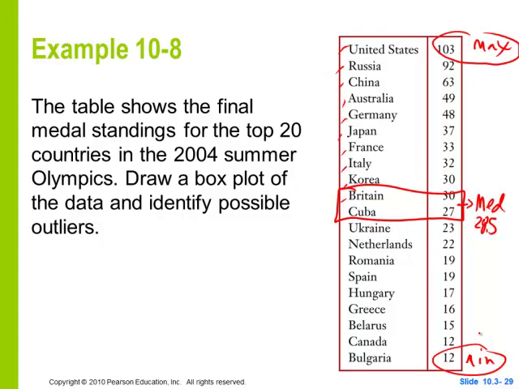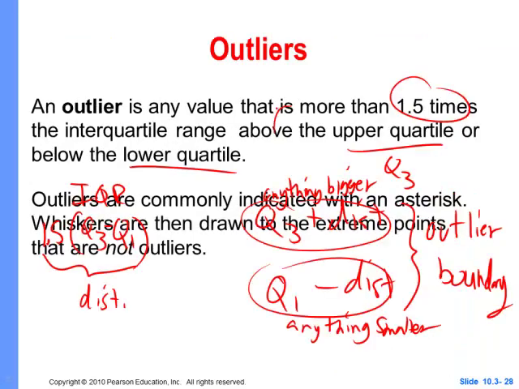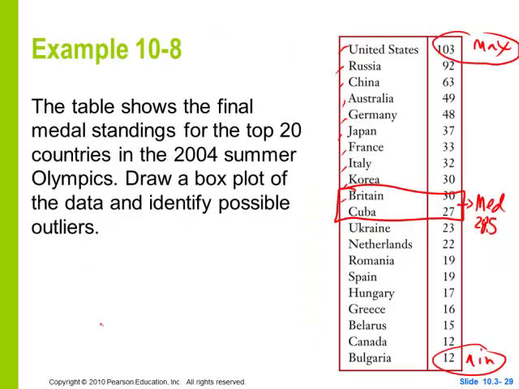Then we need a Q3 and a Q1. We didn't say this. If you have an even number in your data set, when you go to split it into upper half and lower half, you have to include those ones that you ended up using for the median.